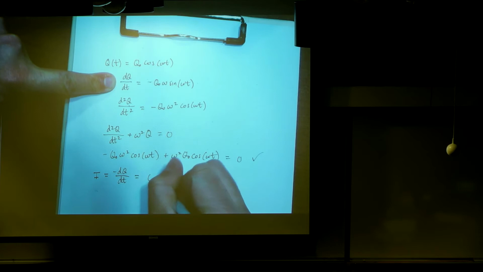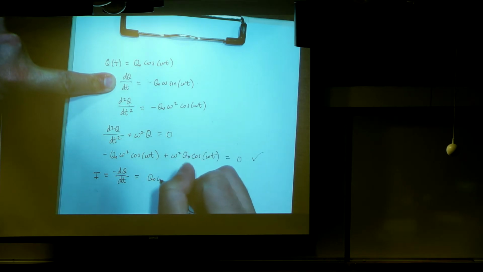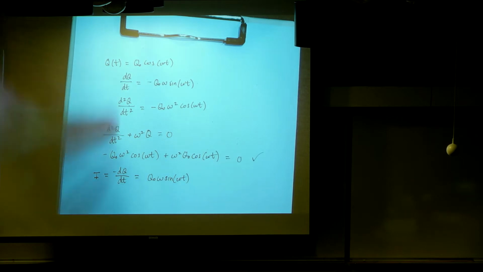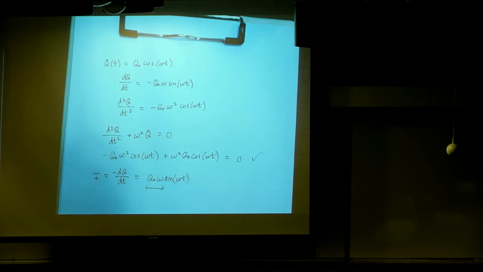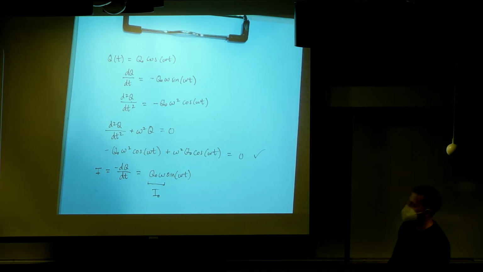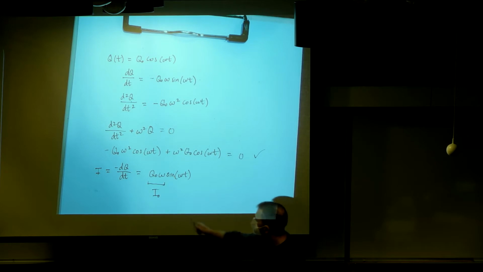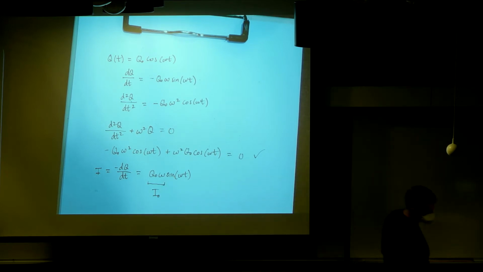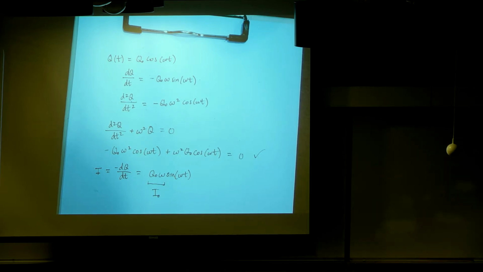In other words, it's Q naught times omega times sine omega t. And this thing, Q naught times omega, we might call that I naught, because it's like the maximum amount of current that appears in our circuit. If Q naught is the maximum amount of charge, I naught represents the maximum amount of current. Okay?